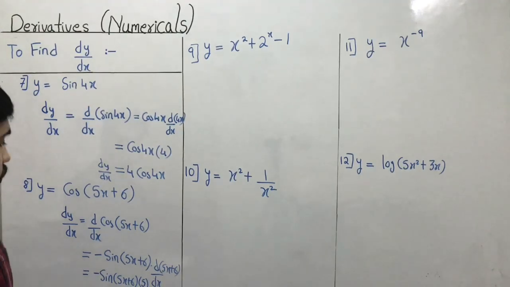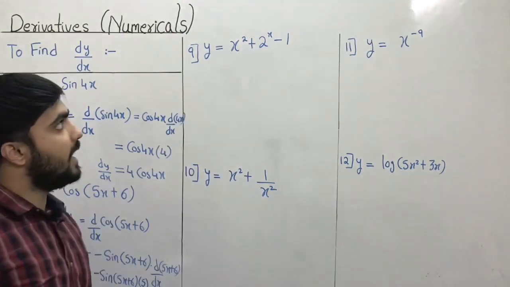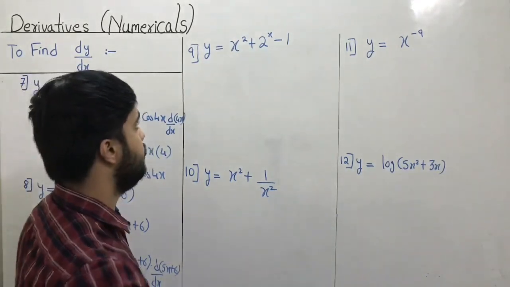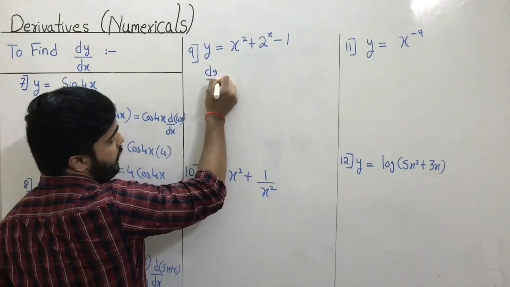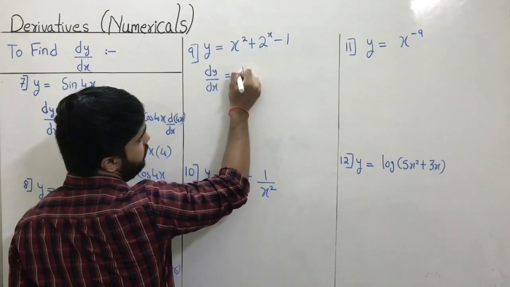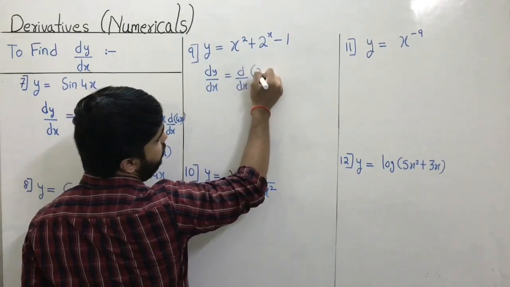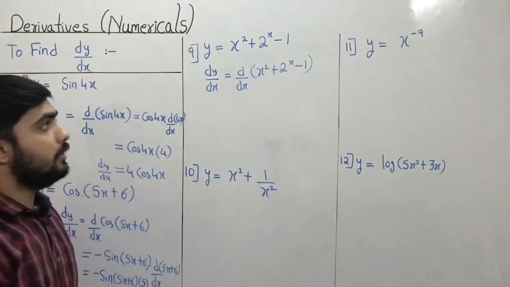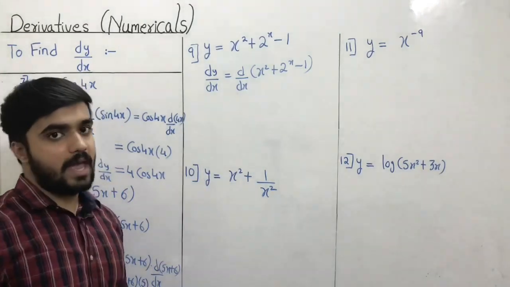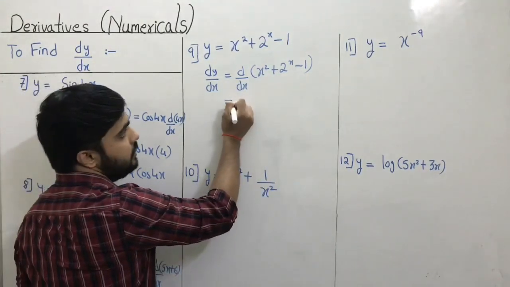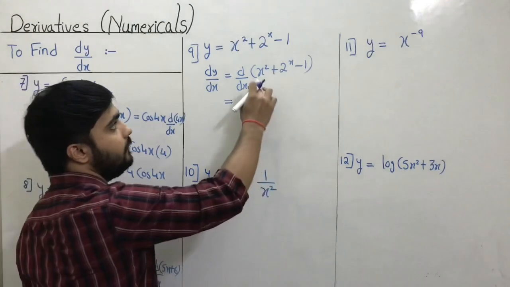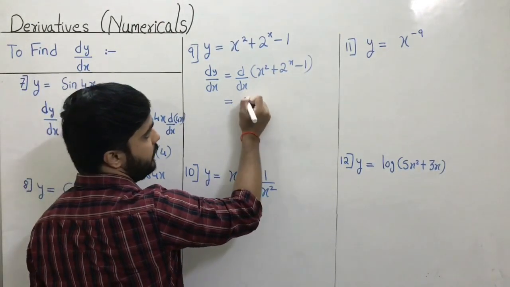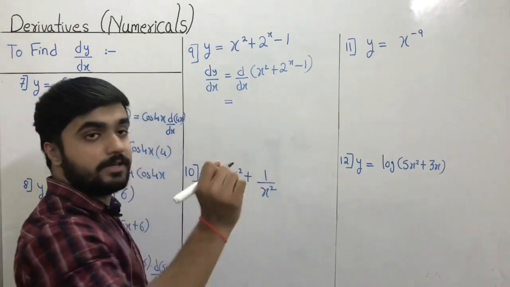Okay, so our next function is y is equal to x square plus 2 raised to x minus 1. So dy by dx will be d by dx of x square plus 2 raised to x minus 1. Now we have two functions in addition, so we can find the separate derivative of this and this. Derivative of x raised to n is nx raised to n minus 1.